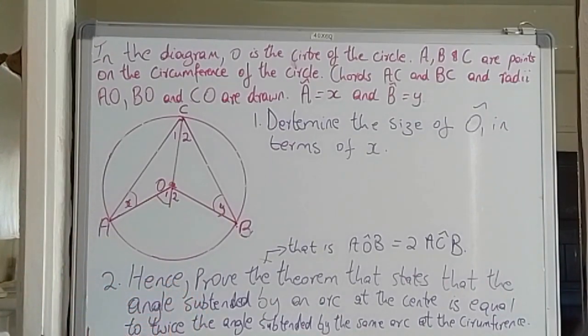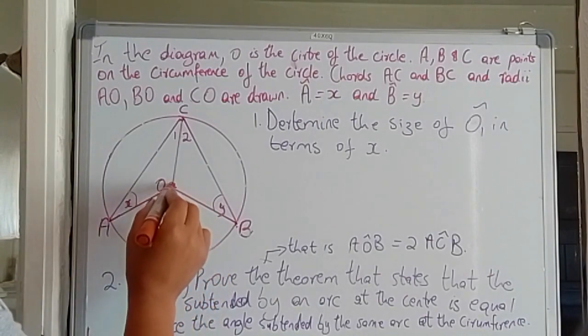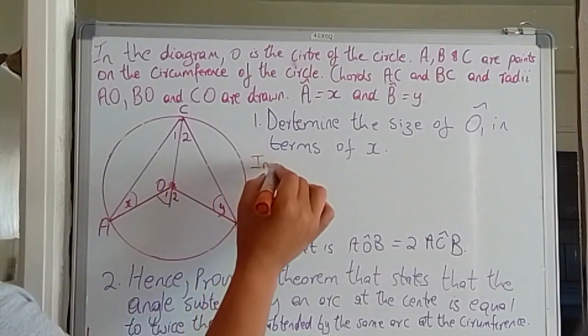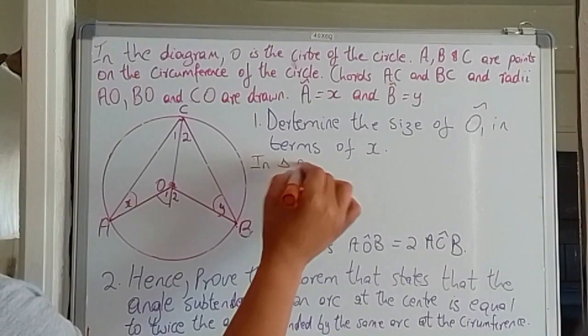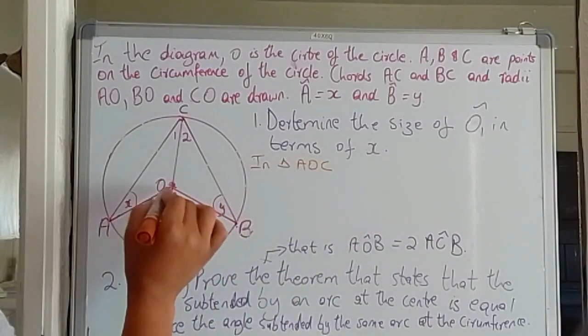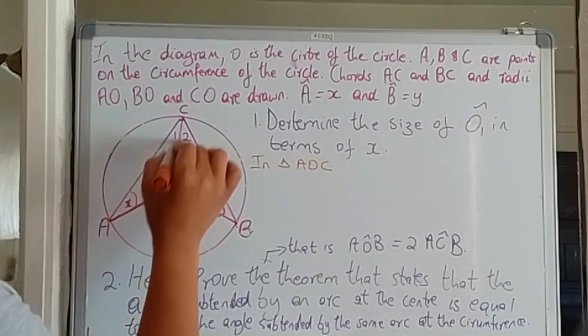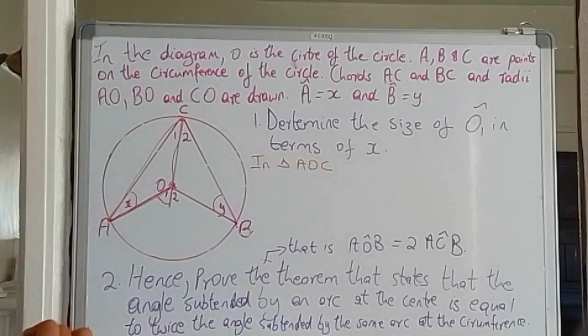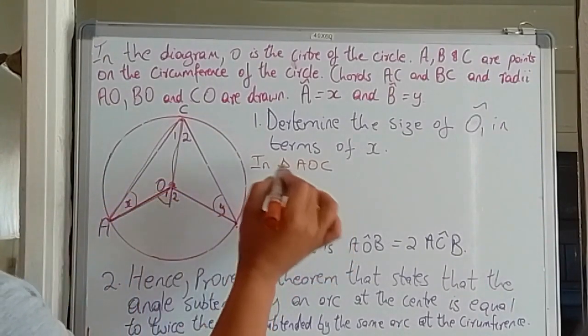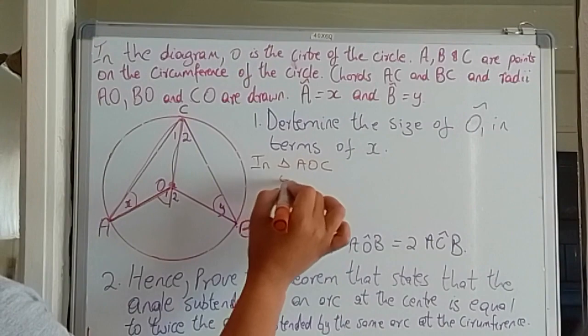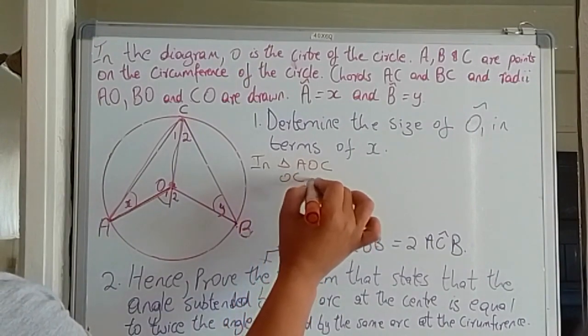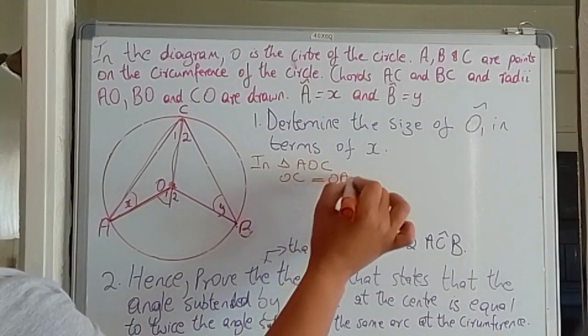Okay, so let's look at triangle AOC, that's a triangle. First we notice that OC is equal to OA. Why?